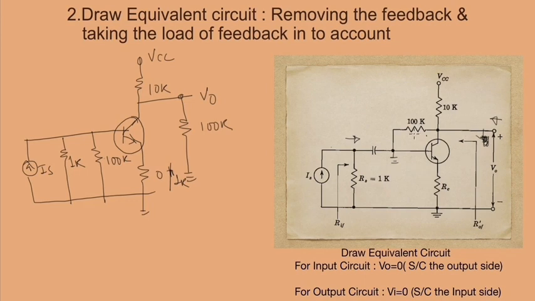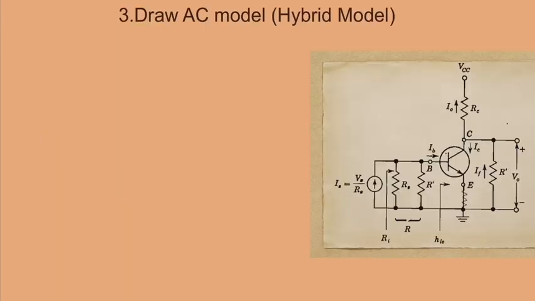Now we have drawn the equivalent circuit. Now we have to go to the third step, which is drawing the hybrid model or the AC model for the given circuit, right? So here this is 100K, this is 1K, 10K, this is 10K, 100K, 100K and 1K, right?